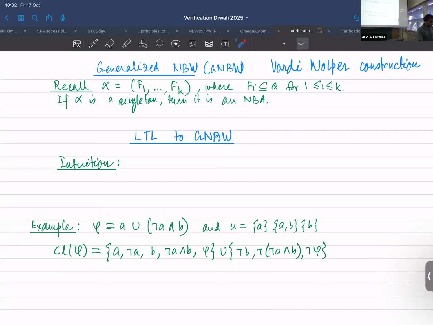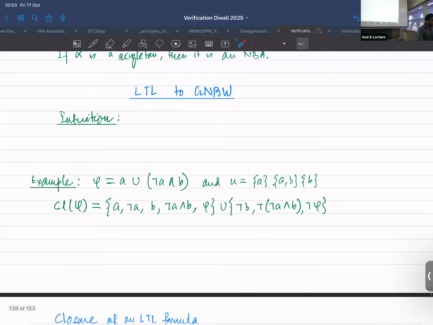And we also saw that you can translate a generalized NBW to an NBW with a polynomial blow up, like k times the state space, or k plus 1 times the state space.